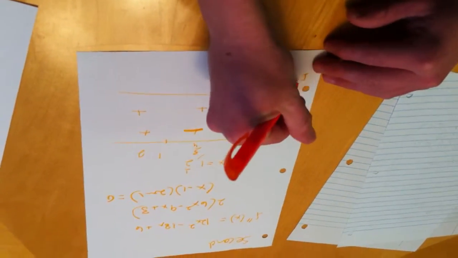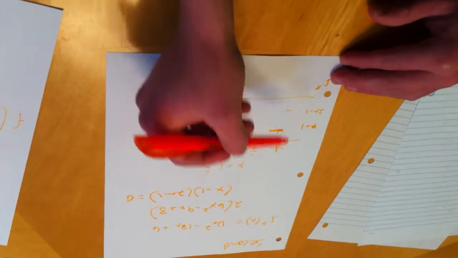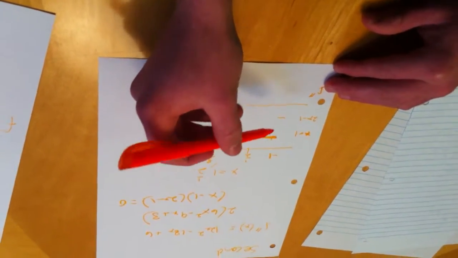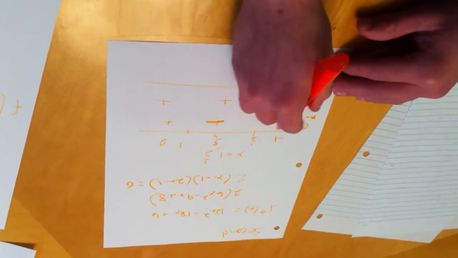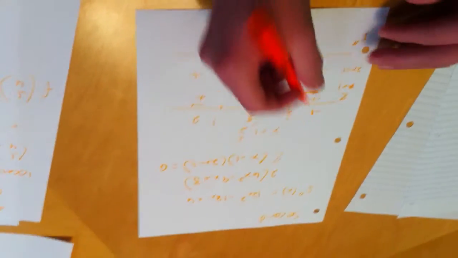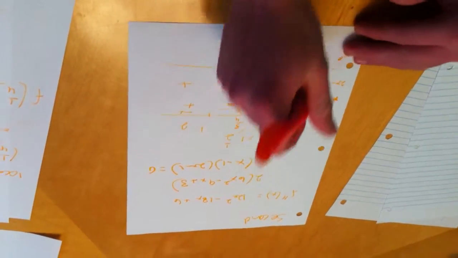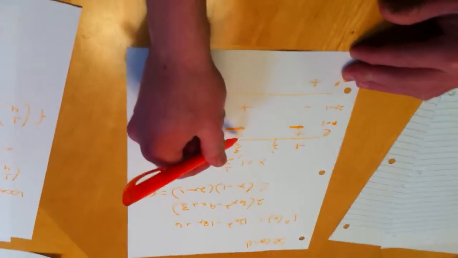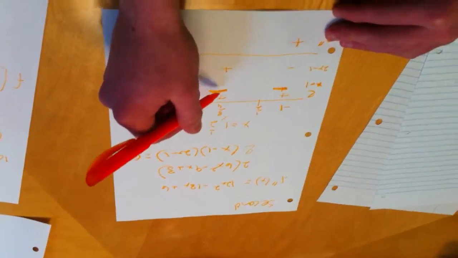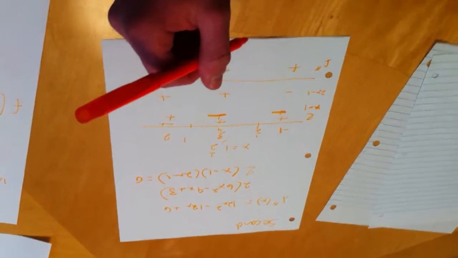Now for the second derivative line, I actually left something out by accident. You have to add the 2 there, and obviously the 2 will produce all positives. So positive times a negative is a negative, times another negative is a positive.